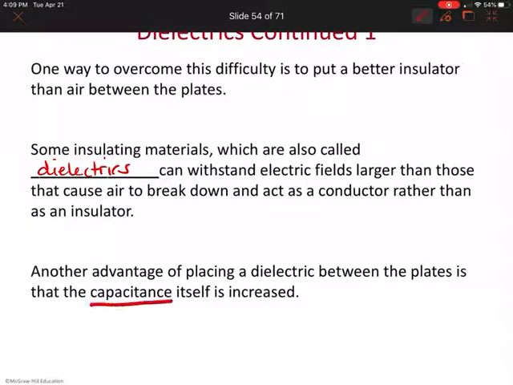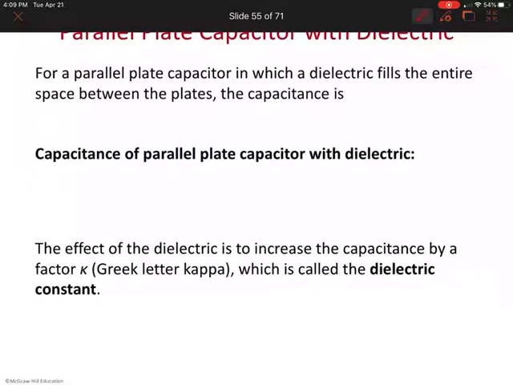And another advantage of placing those between the plates is that it's going to cause the capacitance to increase as well. So for a parallel plate capacitor, the capacitance with a dielectric would have this equation.